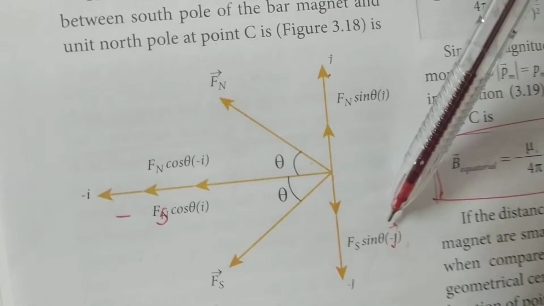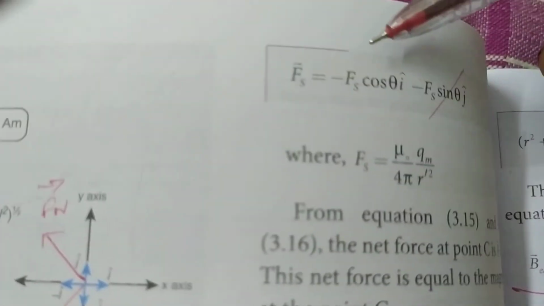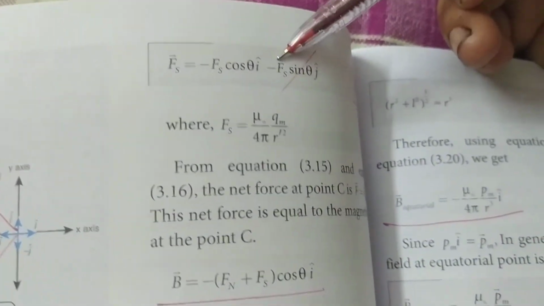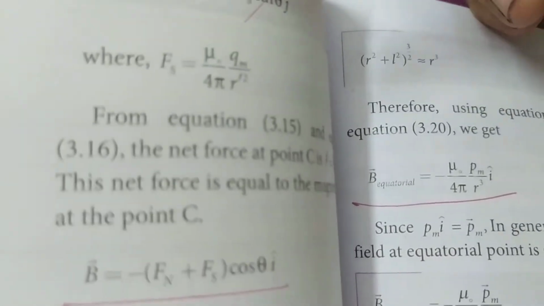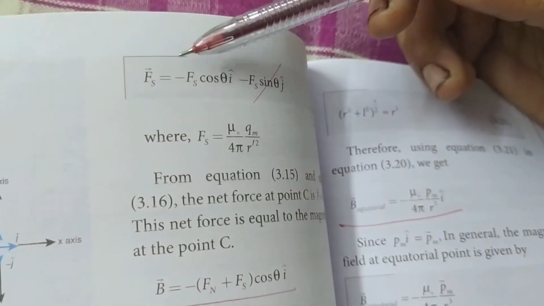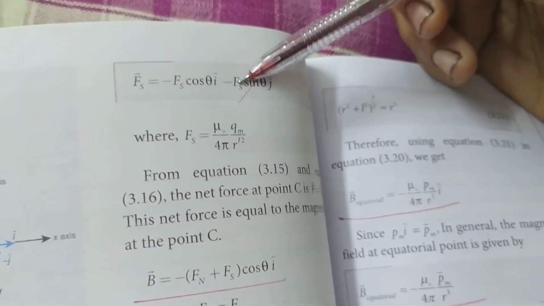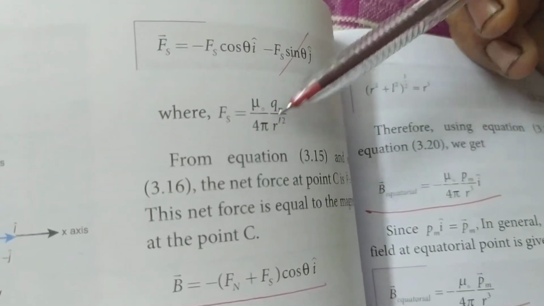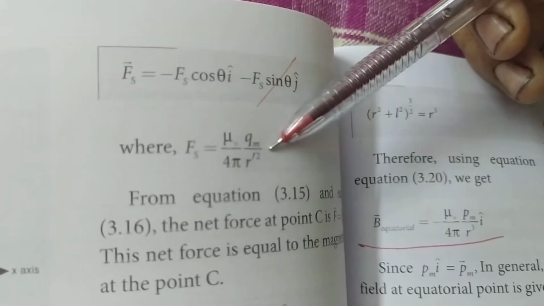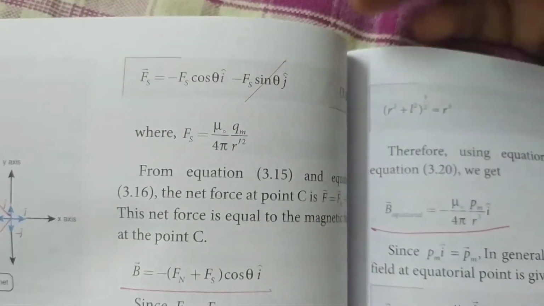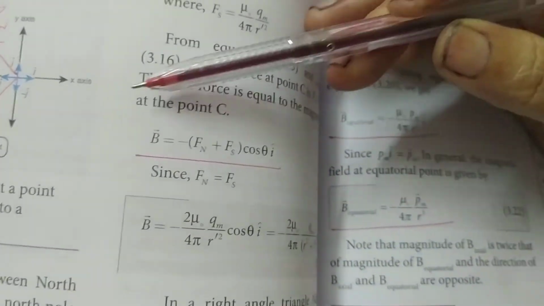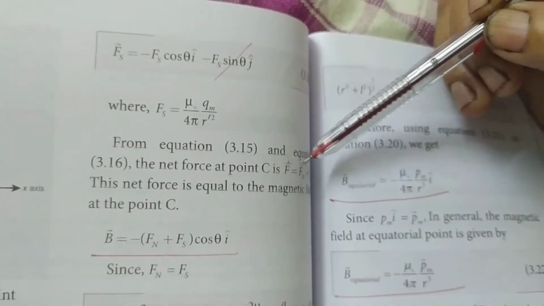So what is Fs vector now? Fs vector is minus Fs cos theta I cap minus Fs sin theta j cap. Both are in the negative direction, so both the terms will have a negative sign. Already you know Fs is equal to mu naught by 4 pi Qm divided by r dash square. And here you have to add both of them. So F is equal to Fn plus Fs.